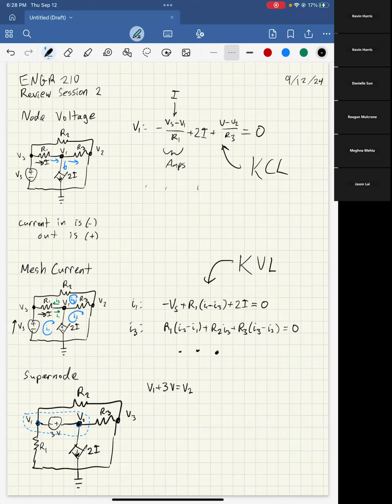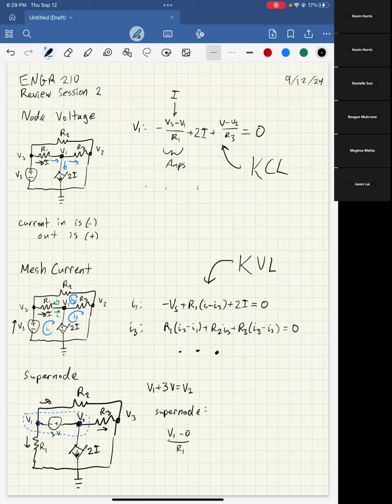Just as an example, starting with that R1 path, at the supernode we'd have V1 minus 0 over R1. I often like to just assume that every current is going out because it makes the math a lot easier.